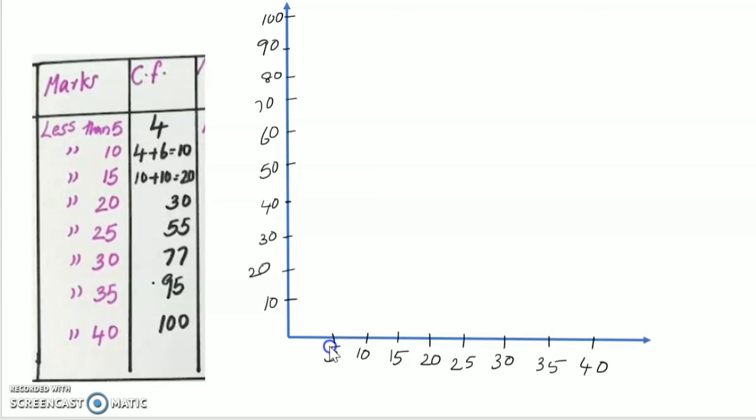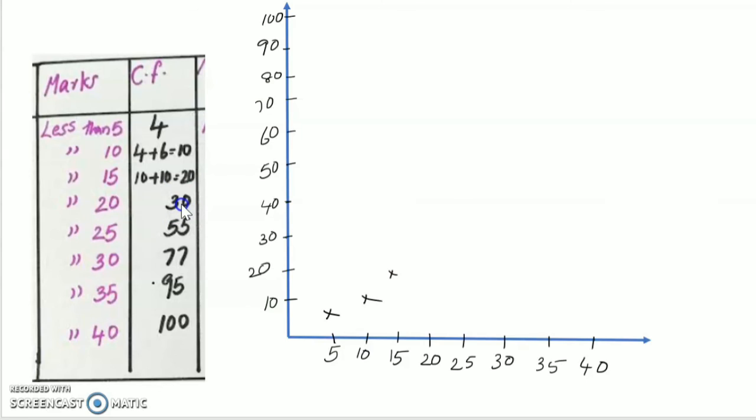In the first case, less than 5, corresponding to 5, which one do we mark? 4. So I am marking this. Corresponding to 10, I have to mark 10. Corresponding to 15, you will get 20. Corresponding to 20, it is 30.